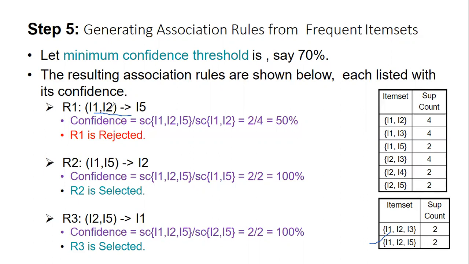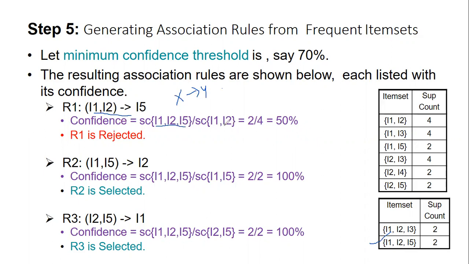We have the rule like this now: X tends to Y. So if X tends to Y, the confidence formula is the support count of X union Y whole divided by support of X. So what is the support count of X union Y? I1, I2, I5. So support count of I1, I2, I5 whole divided by that of I1, I2.